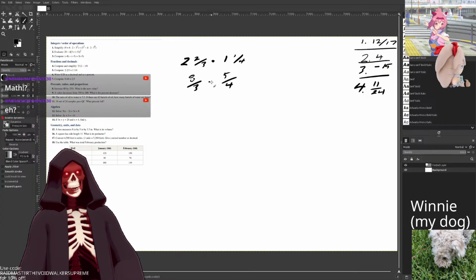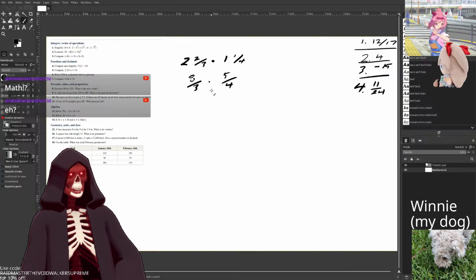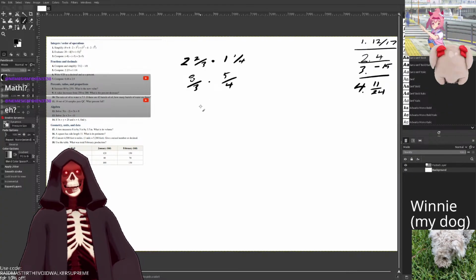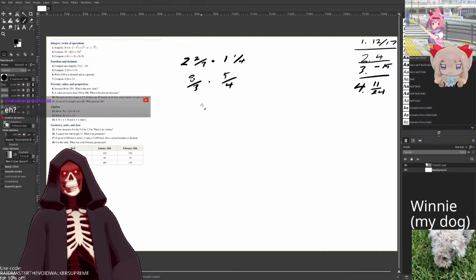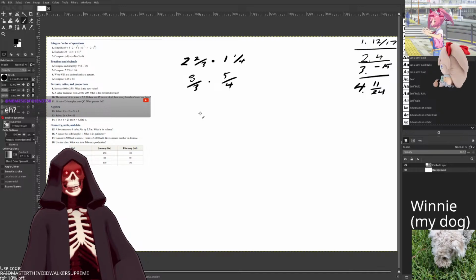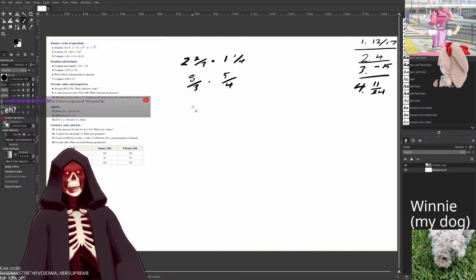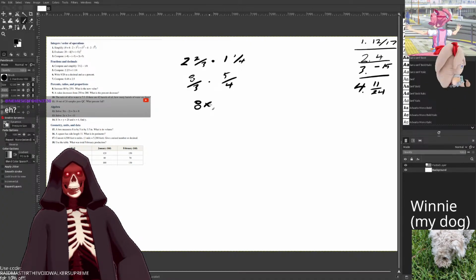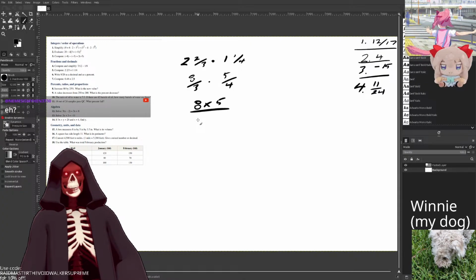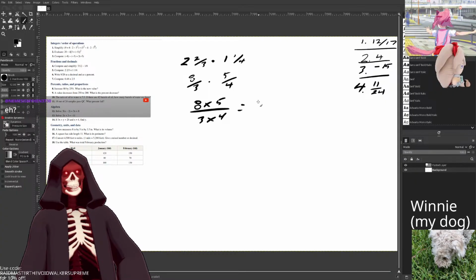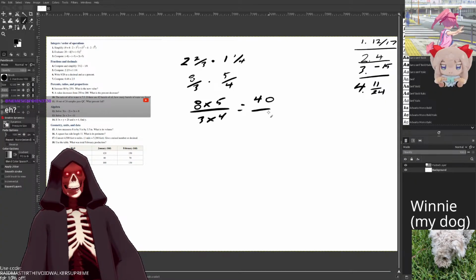Dividing is you multiply them by each other, so dividing is you just multiply them by that. Cute. Yeah, I'm trying to remember how it really is. Is it really that simple? Yeah, because that's effectively 8 times 5 over 3 times 4, which is equal to 40 over 12.